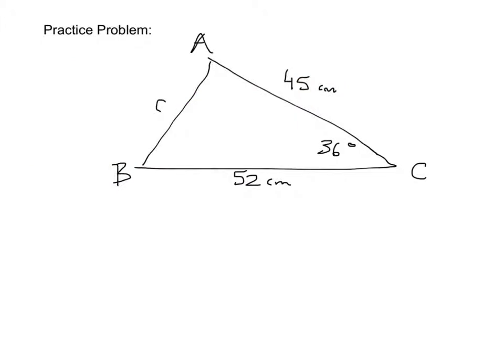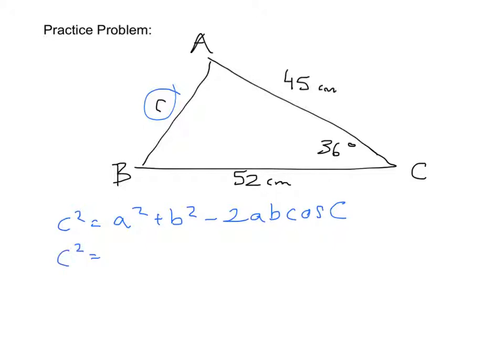So given this triangle and told to find the length of c, we can use our law of cosines. So that's c squared equals a squared plus b squared minus 2ab cosine C. So all there is to do here is really to plug in our values and then solve. Since this is angle A, this is going to be length a.